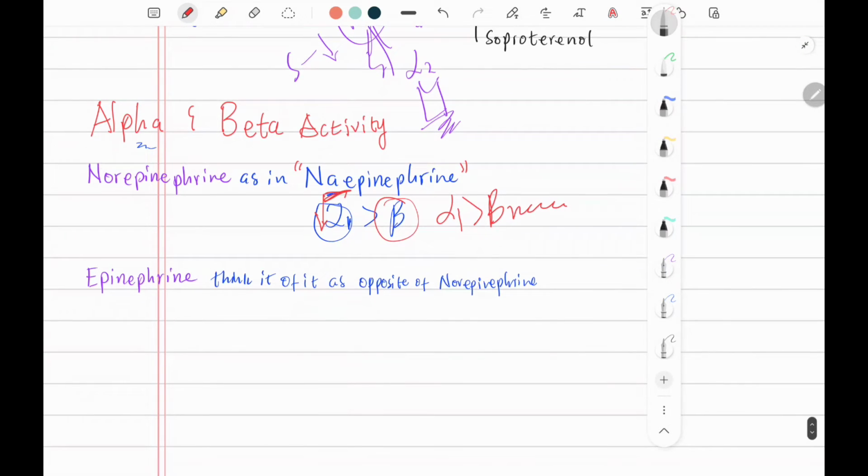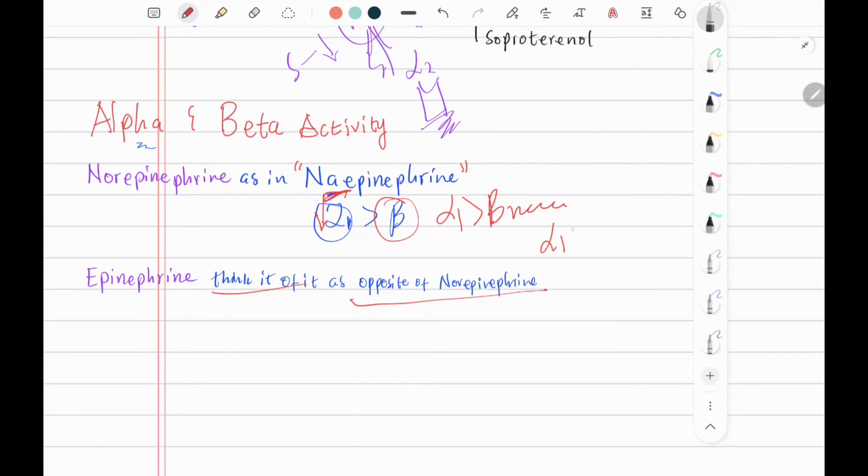Now let's move on to epinephrine or adrenaline. We think of epinephrine as the opposite of norepinephrine, right? If norepinephrine has alpha 1 greater than beta activity, we just switch it, and we say epinephrine has beta 1, beta 2 activity which is greater than alpha 1.